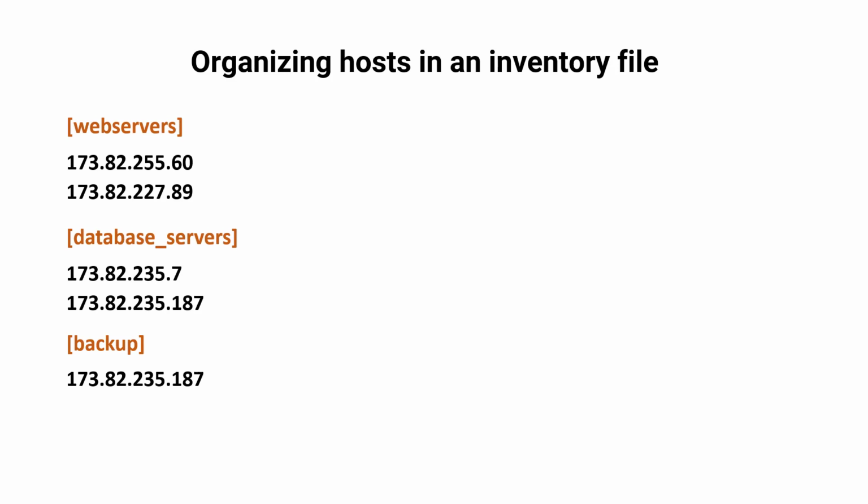So here you can see that this node 173.82.35.187 belongs to two host groups, and these are the database servers and the backup groups, and this is perfectly fine. So in case you ever encounter such a situation, don't worry.